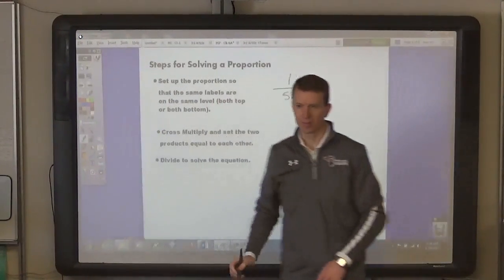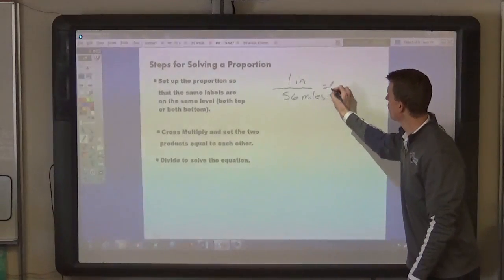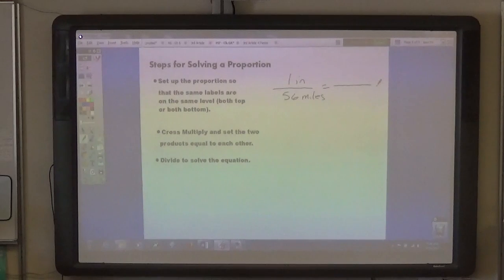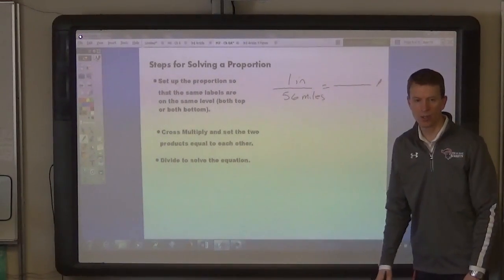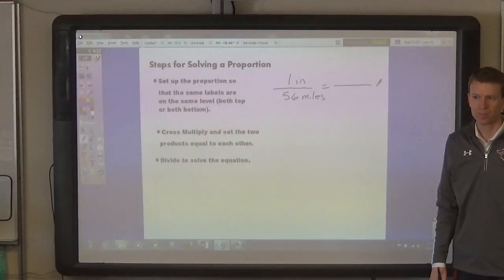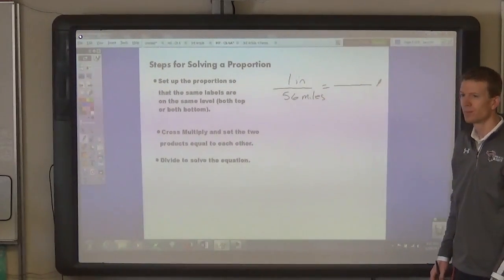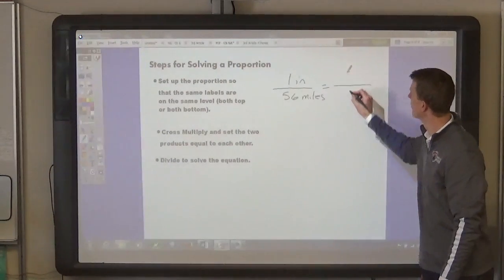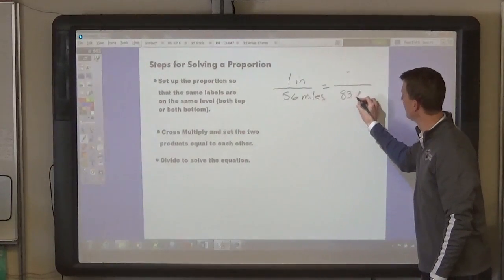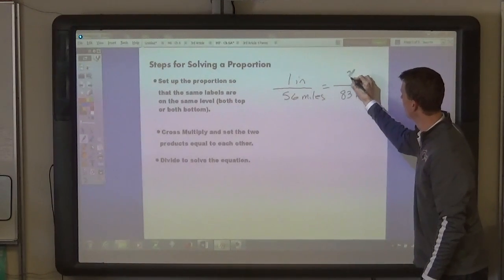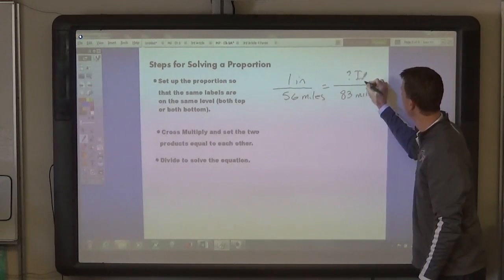How would you find how far 83 miles is on a map? What would you do? Nate? Put the 83 on the bottom of that line. Good. And then you would probably use an I, I for inches.